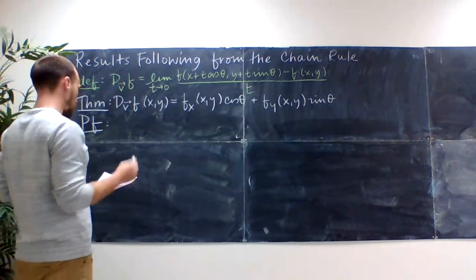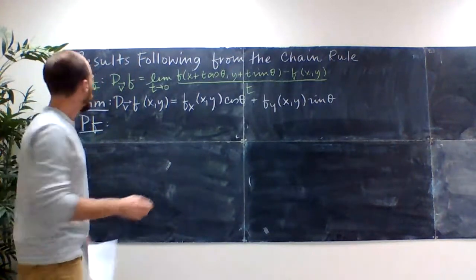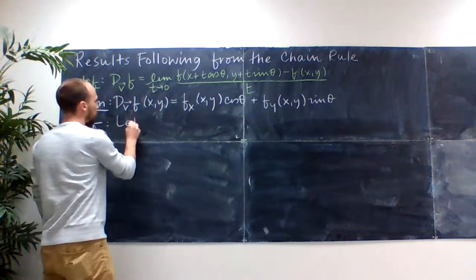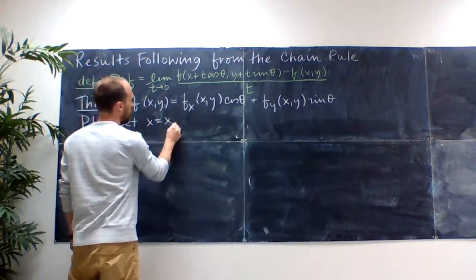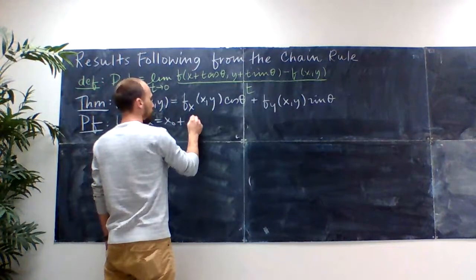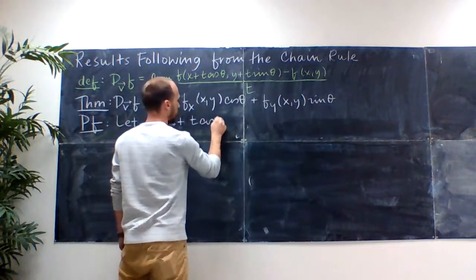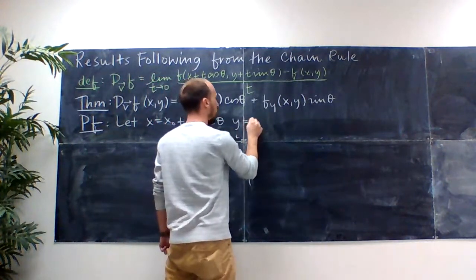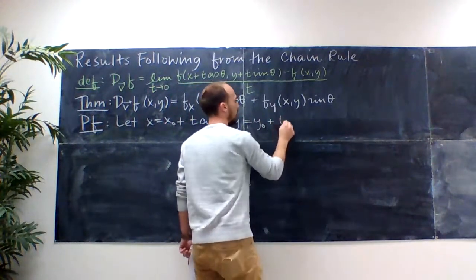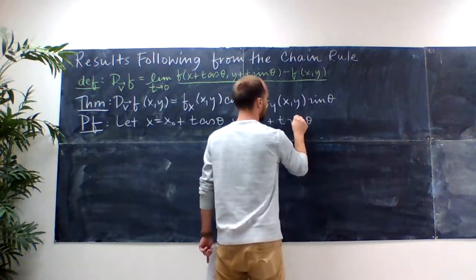So I'm going to let x equal x0 plus t cosine theta, and y equal y0 plus t sine theta.